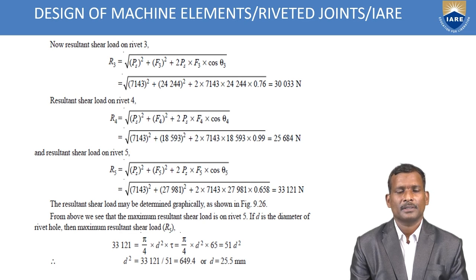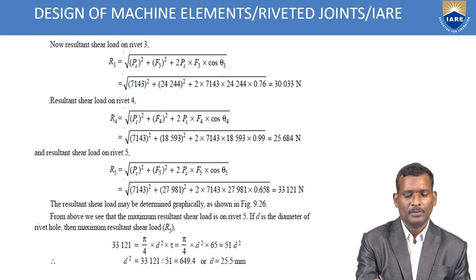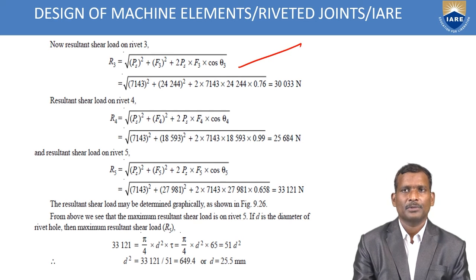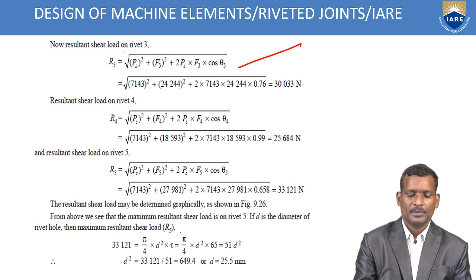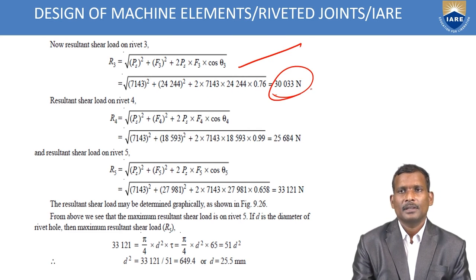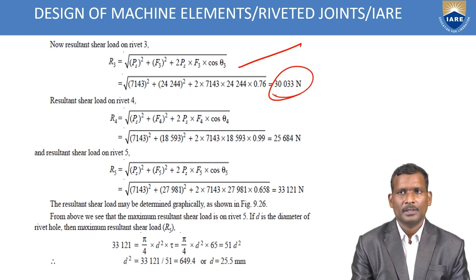The resultant shear load on rivet 3 is given by the square root of Ps squared plus F3 squared plus 2 Ps F3 cos theta 3, as per the parallelogram theorem. So we will get 30,033 newtons.